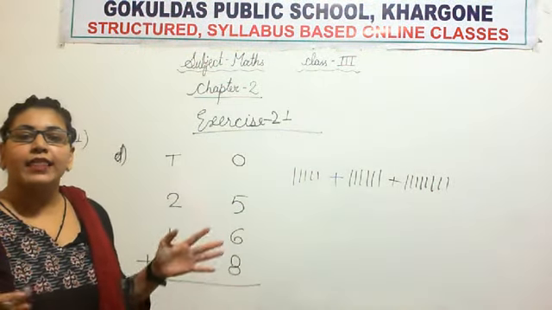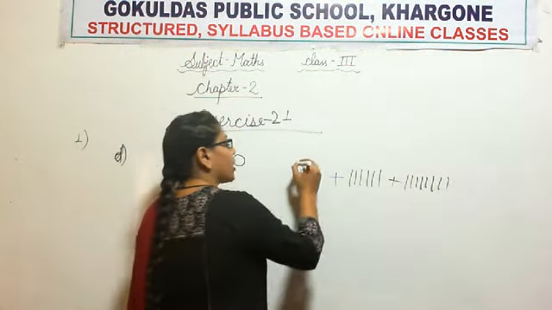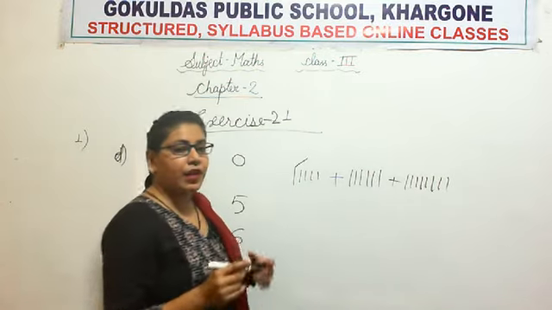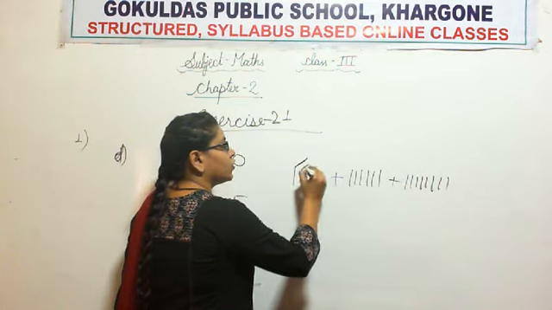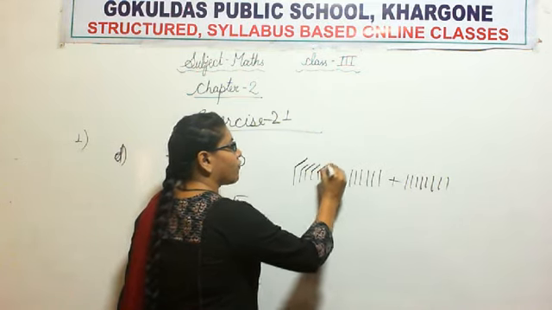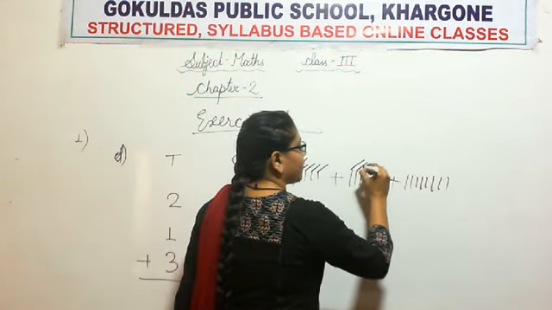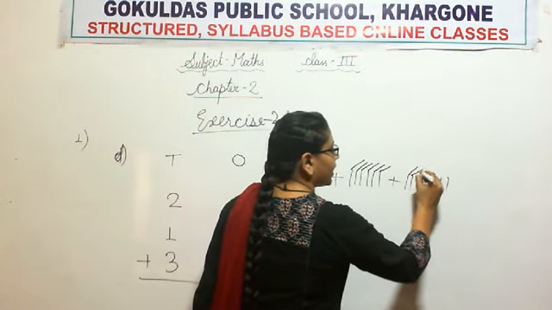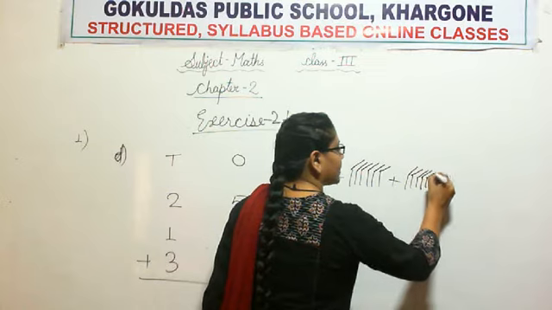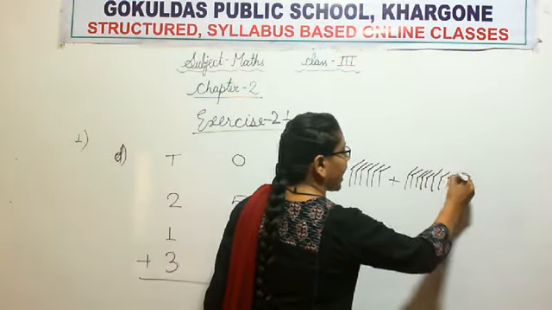Now we will add them. We are going to count them. How many numbers of sticks are there? So let's count. 1, 2, 3, 4, 5, 6, 7, 8, 9, 10, 11, 12, 13, 14, 15, 16, 17, 18 and 19.